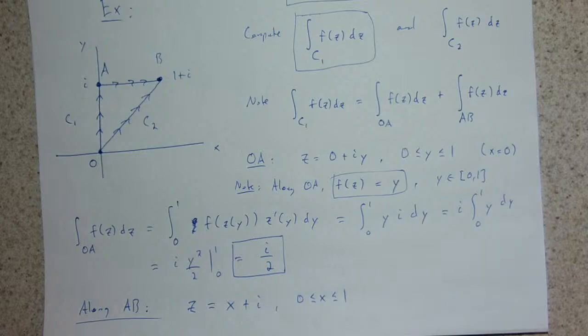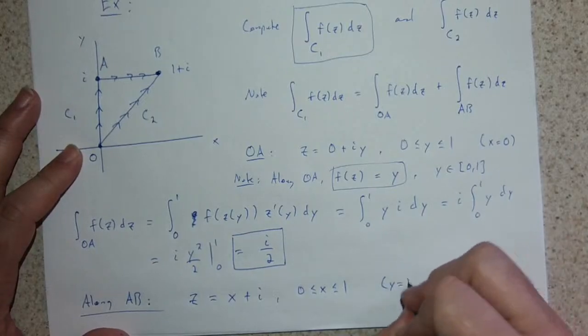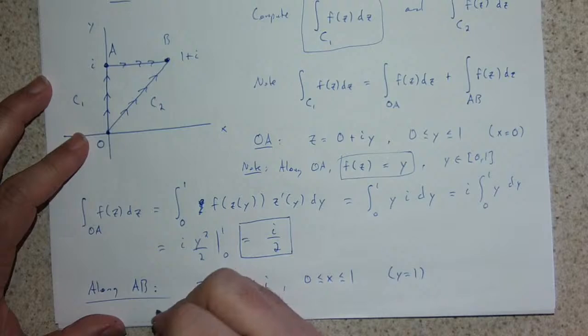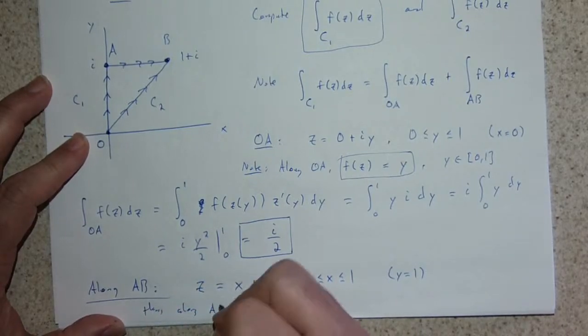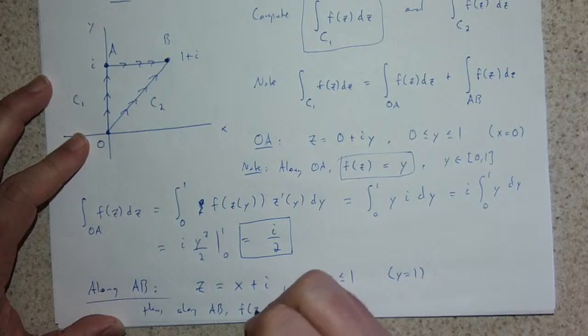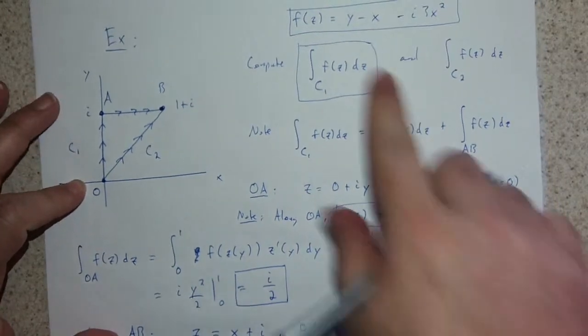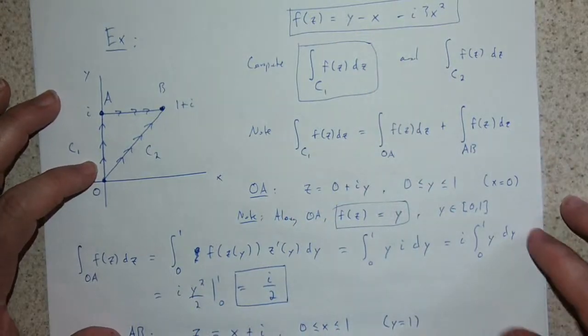So if that is the case, well, we know that y is equal to 1 here, right, along AB. And so, thus, along AB, f of z is equal to, so x is general, right, and here's my f. X is general, but y is equal to 1.